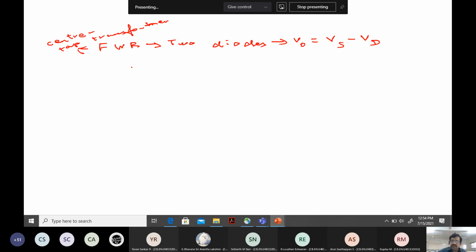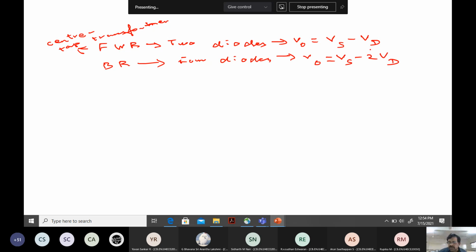Whereas the bridge rectifier uses 4 diodes, and here my output will be equivalent to Vs minus 2 Vd.